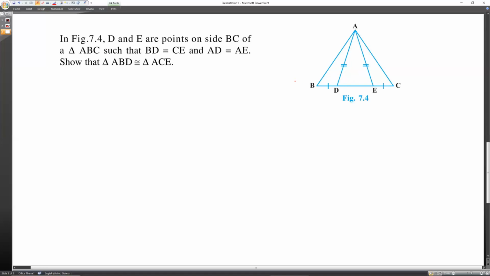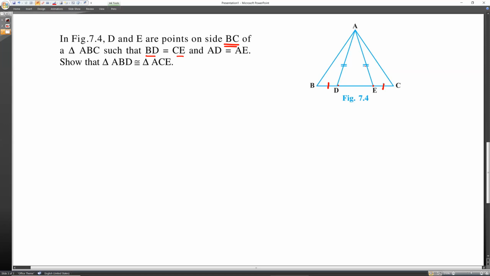How will you solve this one? Read the question first. In figure 7.4, D and E are points on side BC, such that it is given that this portion is equal to this portion, and AD is equal to AE.